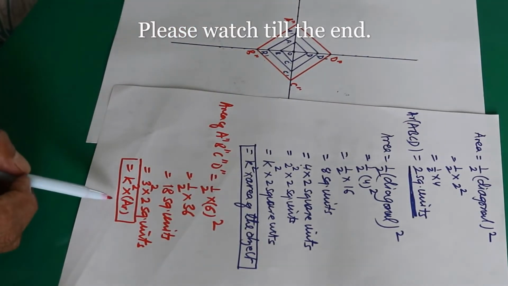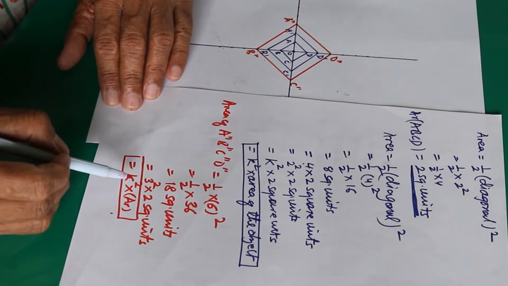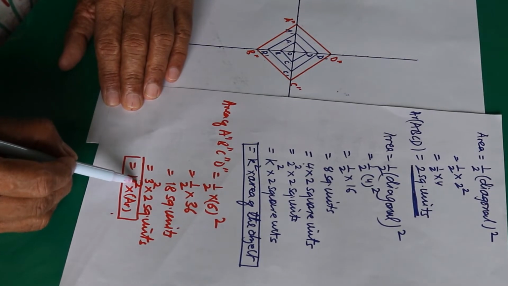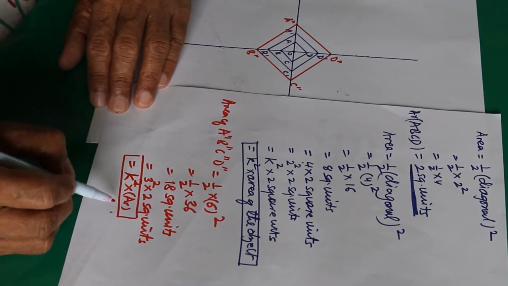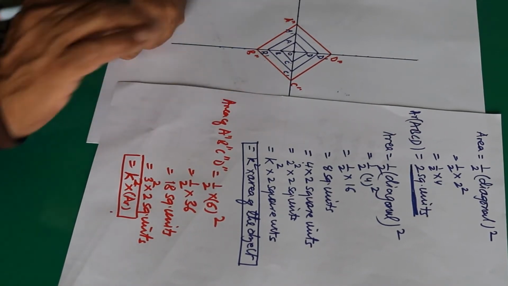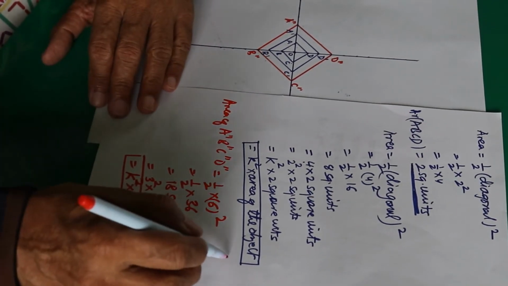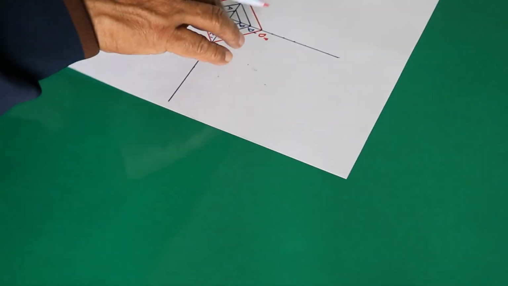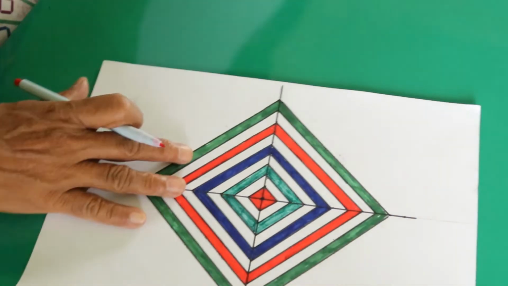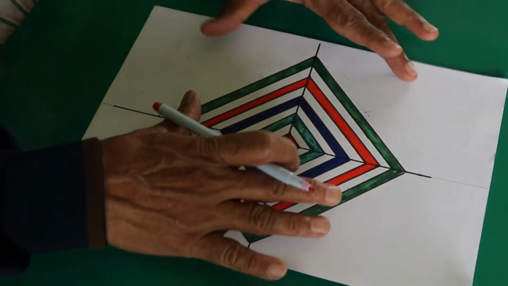Here too, the area of the image figure is the square of the scale factor times the area of the object figure. So this important property we have derived from here, and with this technique, drawing several squares over here and coloring them with different colors gives us a pattern like this.